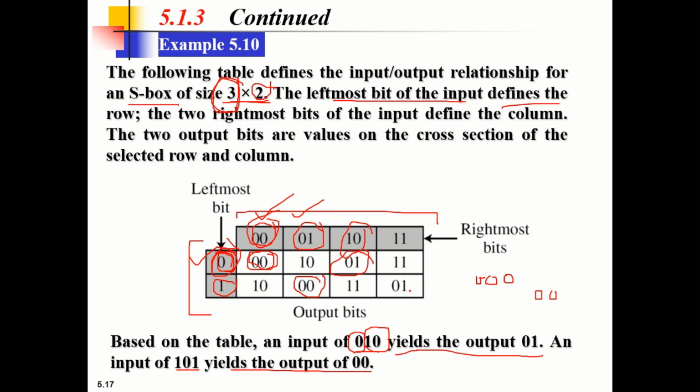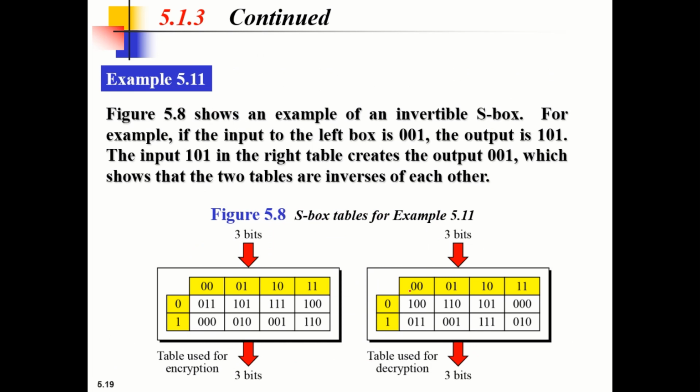Now this is a single table. We can have the inverted table as well for making use of it at the decrypting end. So this is an example of an invertible S-box. This is the inverted table, which is used for decryption, right? The input is 3 bits over here, and the output is again 3 bits, right? So here the value of m and n is the same.